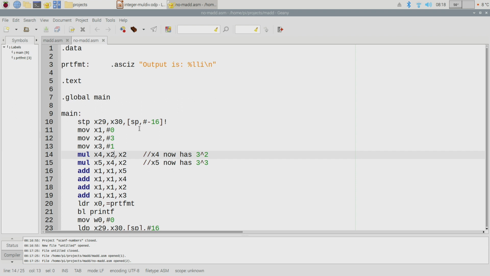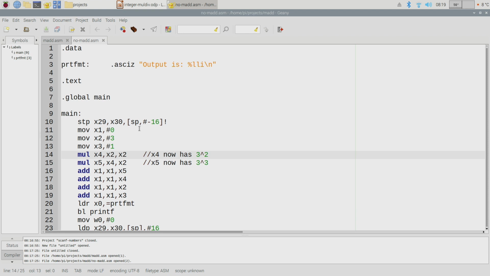Now I have 3 squared, 3 cubed, and 3 sitting in registers along with the ones. The sequence of add commands is really just saying 3 cubed plus 3 squared plus 3 plus 1, which was my polynomial evaluated at 3.